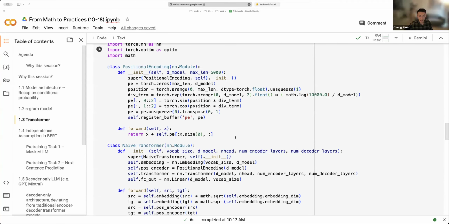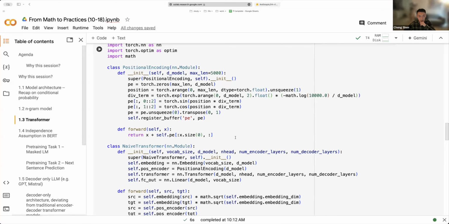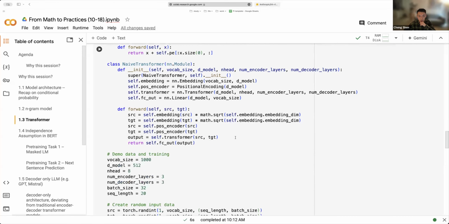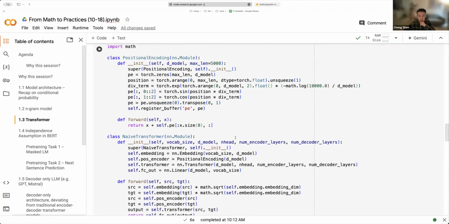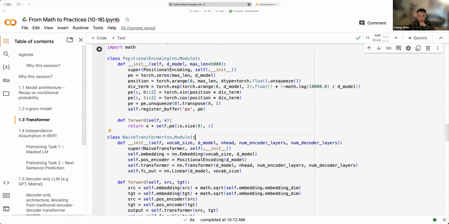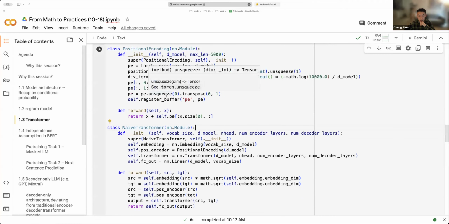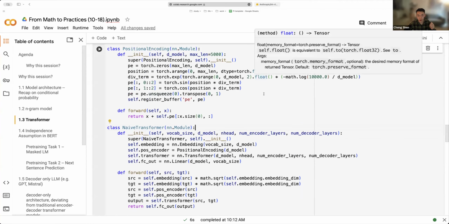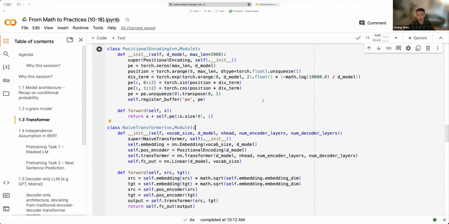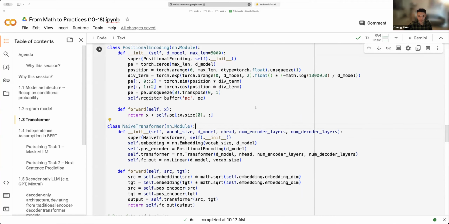And this is a simple implementation of a transformer. We have the positional encoding to tell the model whether the word is the first, second, or third token in the sequence, because order in language matters. It affects the meaning of the sentence.